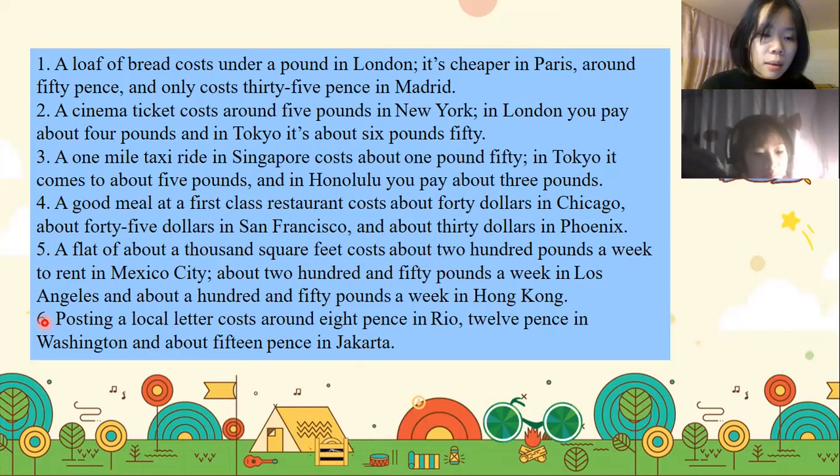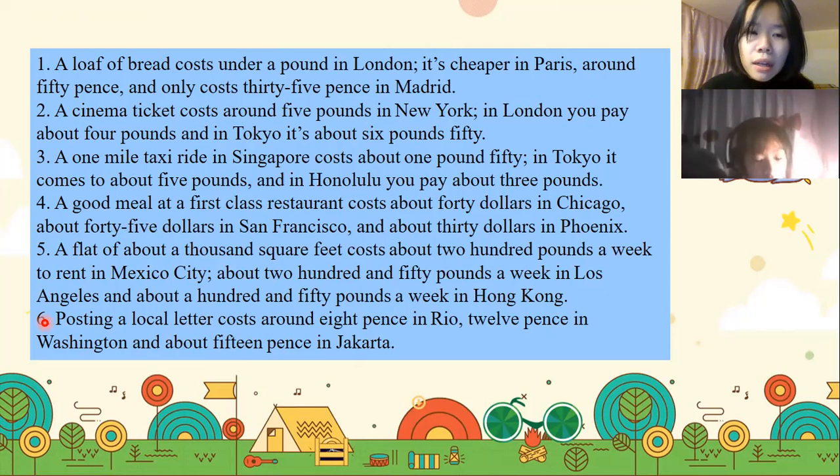Okay, number 6. A local letter costs around 8 pence in Rio, 12 pence in Washington, and about 15 pence in Jakarta. Okay, good.